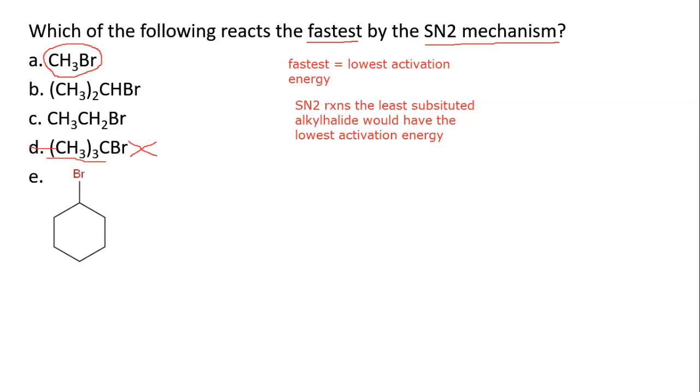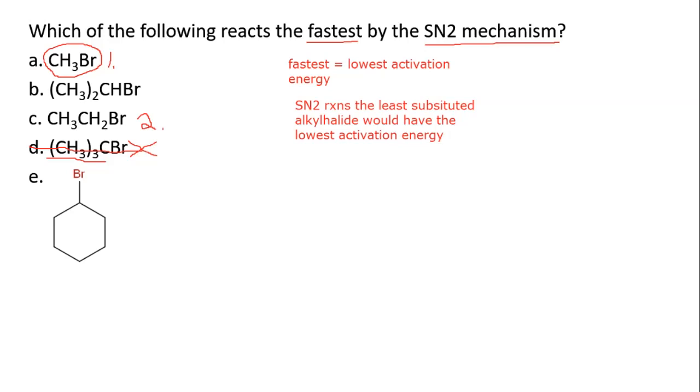So no, D would not be a choice. C, if we had to rank these, it would be 1, 2. So A would be the fastest, followed by 2.